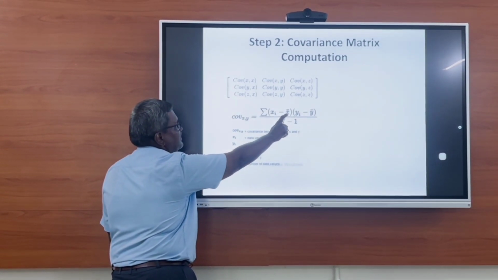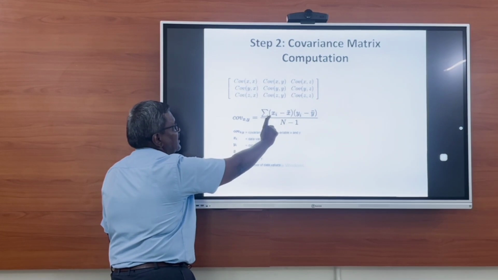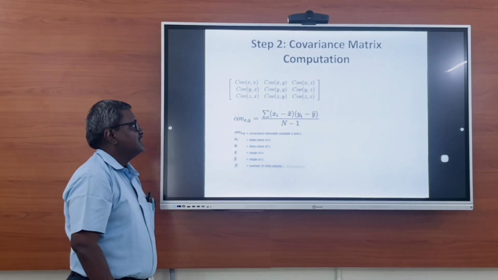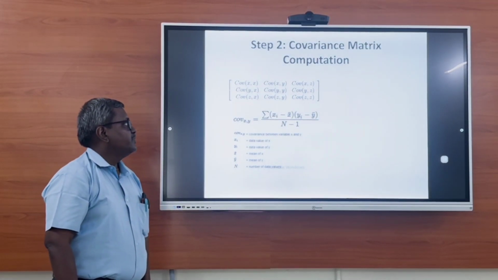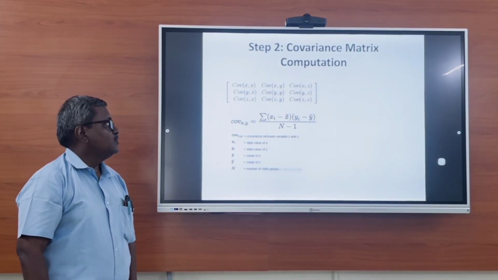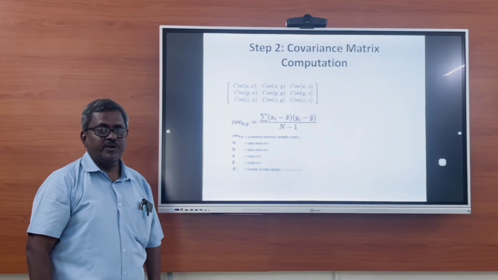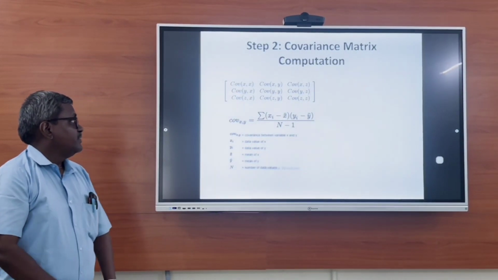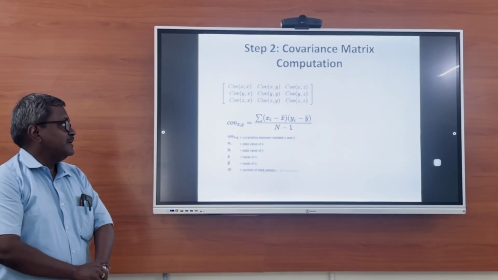X bar is the mean. This is each variable. So it is summation of xi minus x bar whole into yi minus y bar divided by n minus 1. So this is the formula.